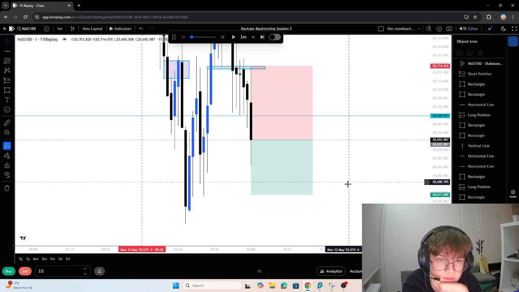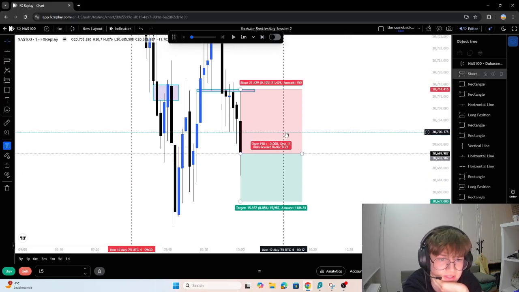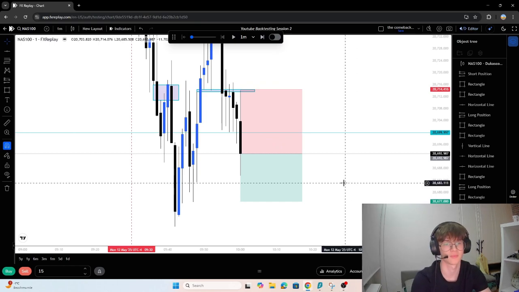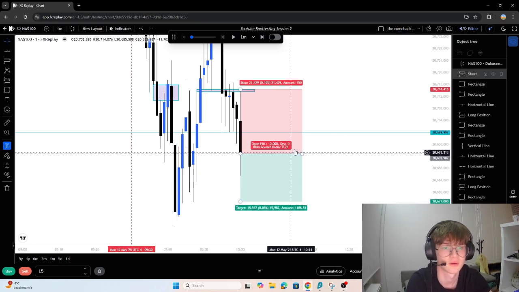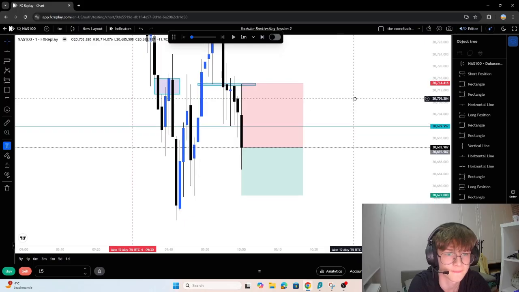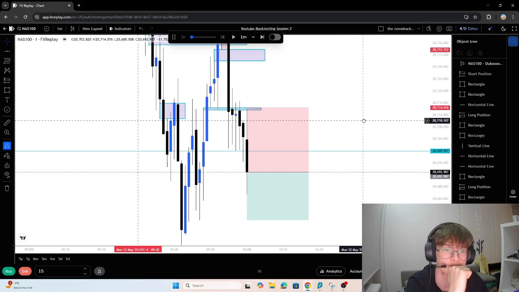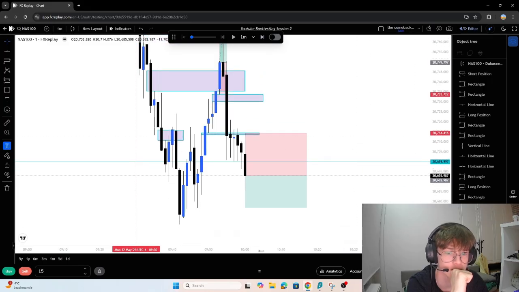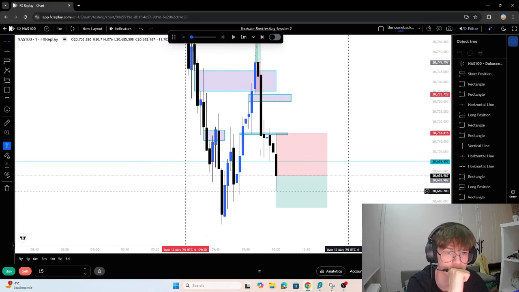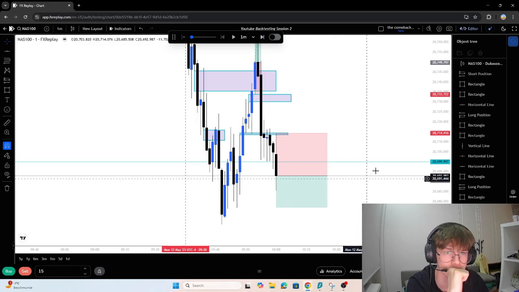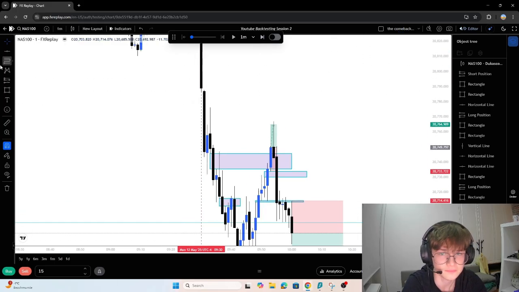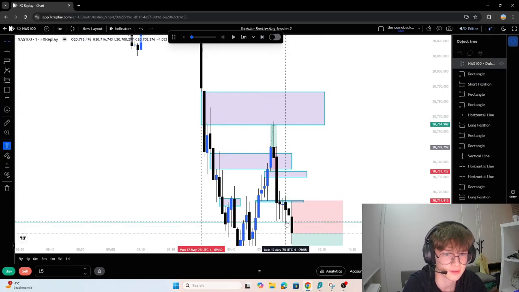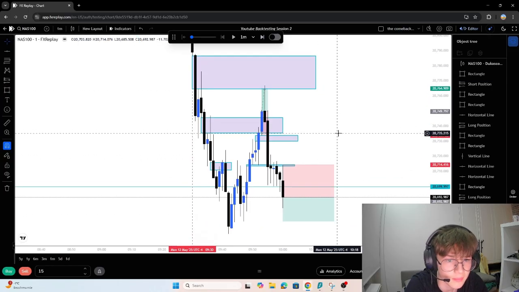Let's think about it. We have 0.75. This is almost a good risk to reward. I'm thinking about it because we reacted off of this FPG, tapped it perfectly, and then went back down.